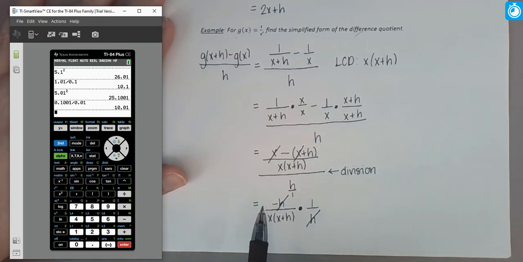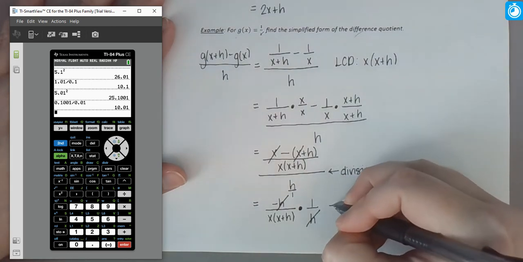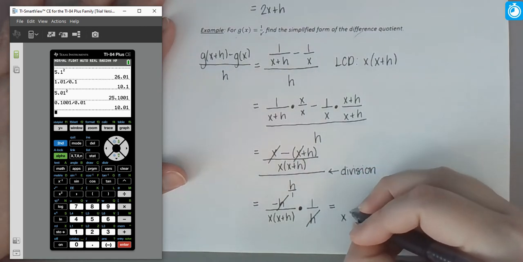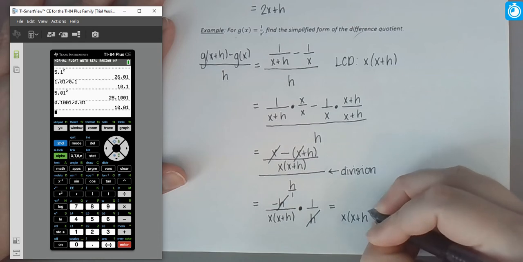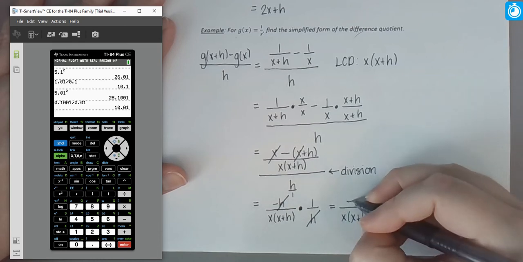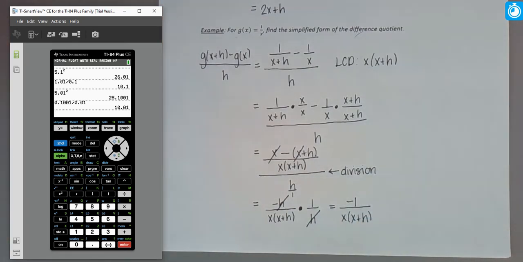Now be careful with what we're left with. Now we just need to clean it up and we'll be done. What do we have in the numerator? Well, we still have a negative, which represents a negative 1. And then we have a 1 over here. So negative 1 times 1 is going to be negative 1 over our common denominator of x times x plus h. So that is going to be the simplified form of our difference quotient.